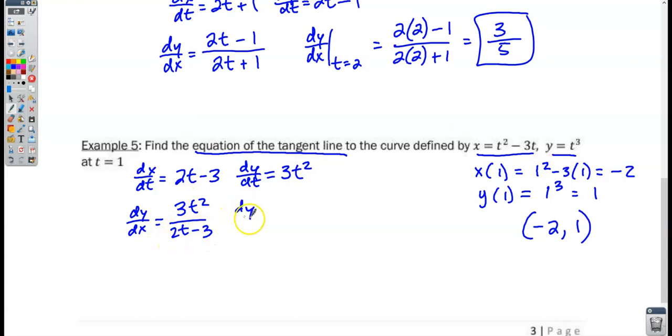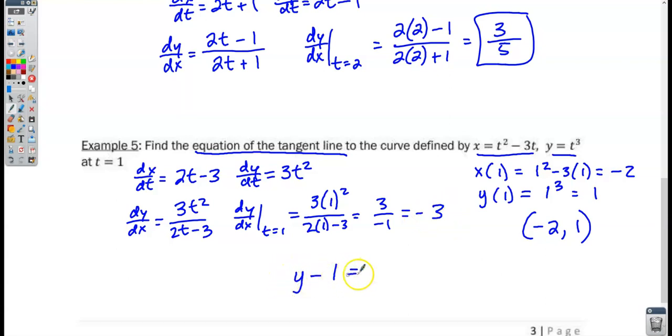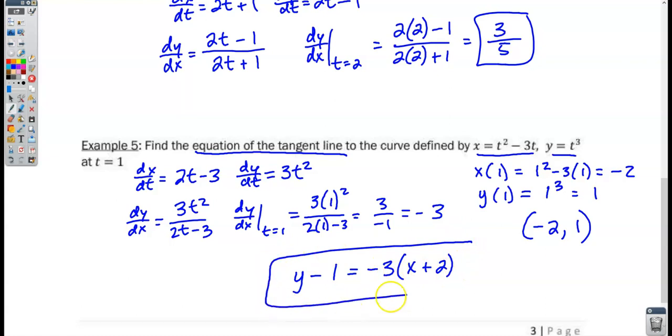So dy dx at t equals 1 is 3 times 1 squared over 2 times 1 minus 3. And so my derivative is negative 3. And now I have all the components I need to write my tangent line. y minus the y coordinate is equal to the slope times x minus the x coordinate. And there's my equation of the tangent line in example 5.